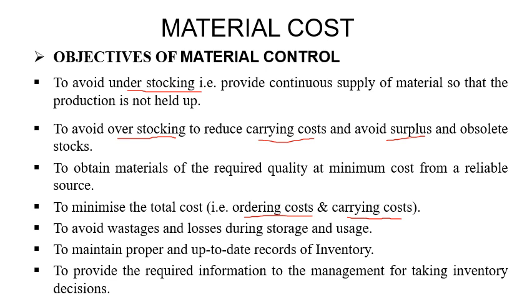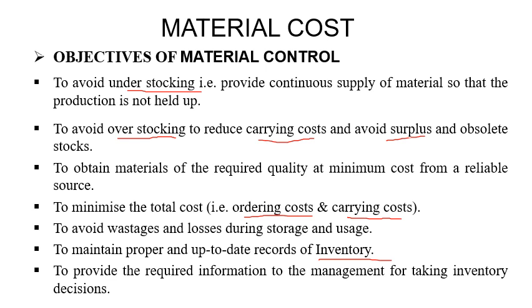To maintain a proper and updated record of inventory, then we come to know properly how much material cost we have paid for the production of a product. So by maintaining a proper and updated record of inventory, management can easily take proper decisions or make policies for inventory control.